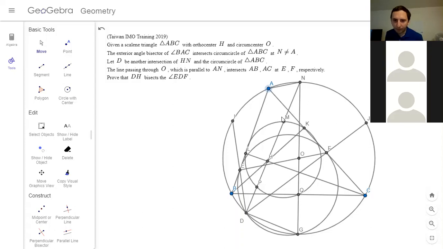I'm just thinking, if we could show GN, IC, and BO concur, can we show that GN, IC, and BO are concurrent by Pascal somehow?